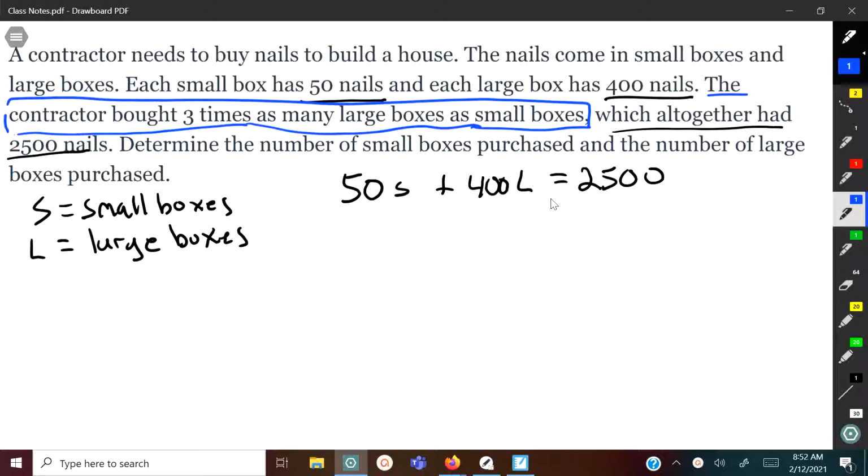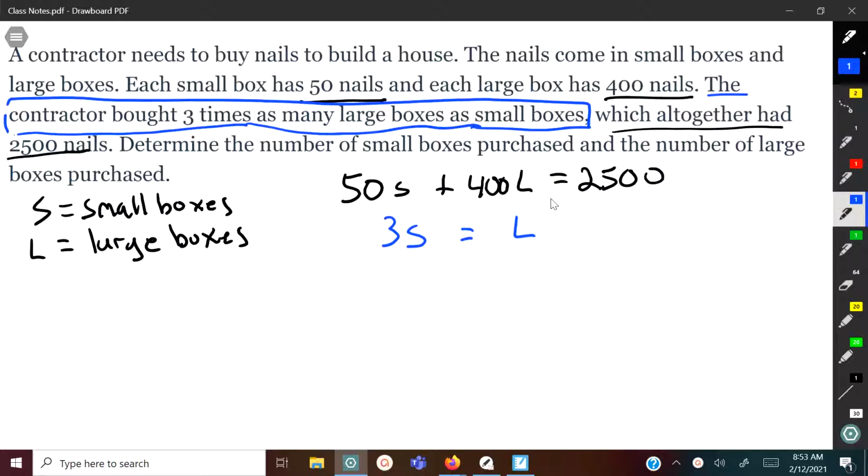But one is more than the other. There are more large boxes than small boxes, so you have to multiply the small boxes by 3 in order to equal the large boxes. 3 small boxes will equal 1 large.